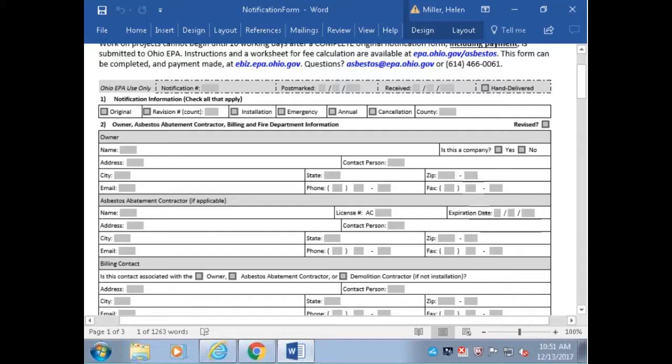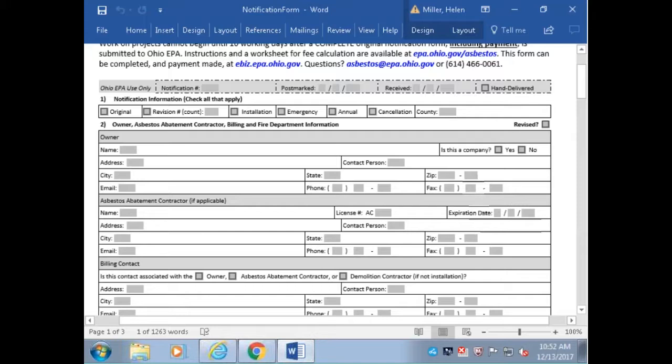If you are trying to submit this form and not pay accurate RACM fees, and we go out and we have a survey and it identifies a lot more material, then that is a violation, and we're probably going to take enforcement on you for not properly doing it, because when you fill out this form, you're attesting that it's true and accurate information. So that is a key to make sure it's accurate. If you're falsifying the form, that is going to be a big deal.